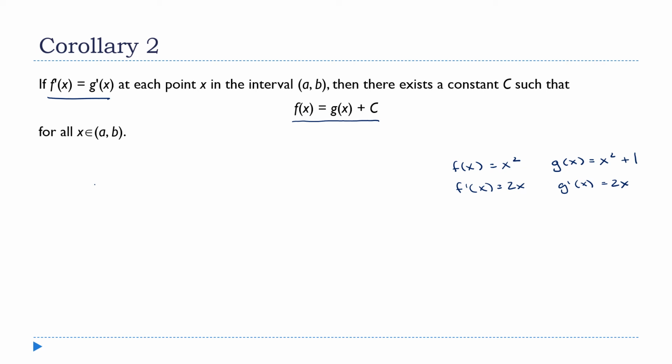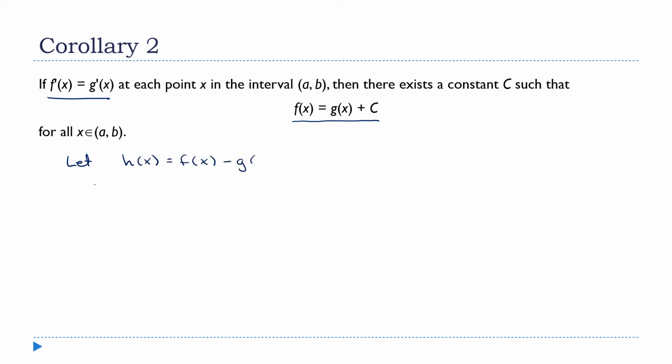All right, so how can I show this? Well, there's a neat little, I always hate to say tricks because there are no tricks in math, right? It can be subtle sometimes, but not tricky. But this is a technique that you should maybe be familiar with. All right, I'm going to define a new function. I'm going to say let h of x equal f of x minus g of x.